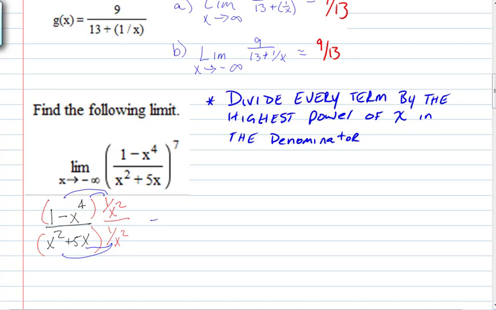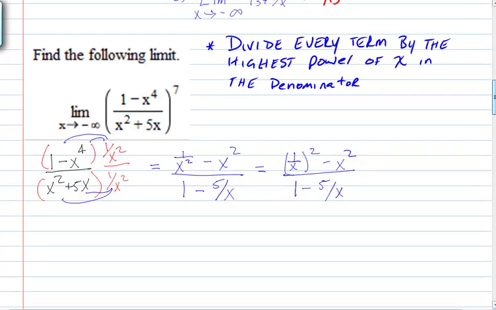So what that's going to give us then is 1 over x squared minus x squared divided by 1 minus 5 over x is equal to, yeah, I think that's right, this is the same thing as saying 1 over x quantity squared minus x squared over 1 minus 5 over x.